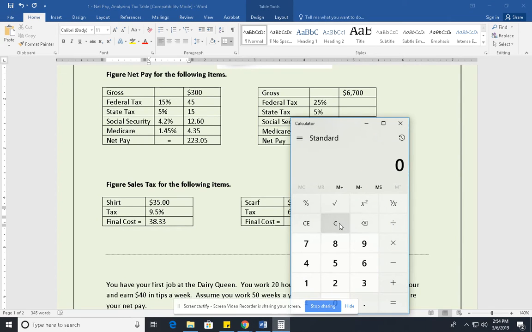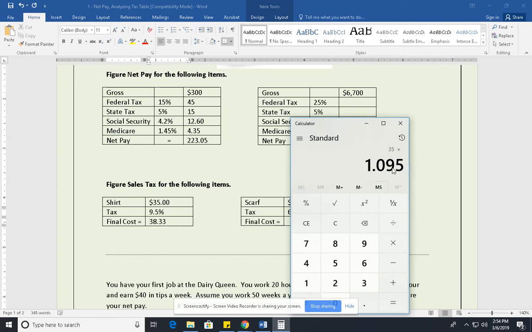There is one other way to do this, a little bit quicker if you want to get savvy. If I know 9.5% is my rate, one is like 100%. So if I'm going to be 9.5% greater than one, I don't want to lose you guys here, but 35 times 1.095.